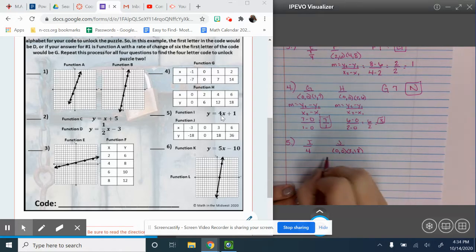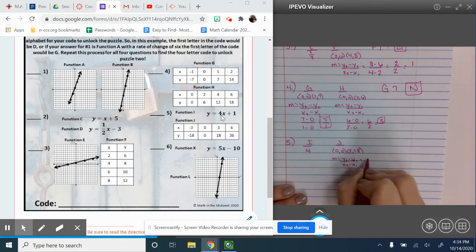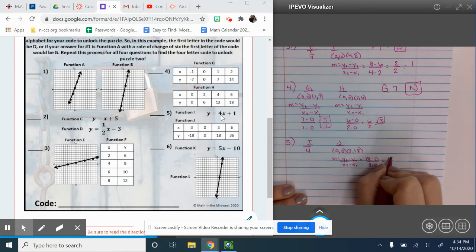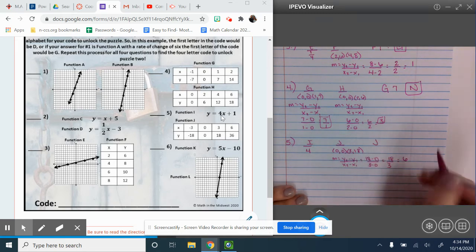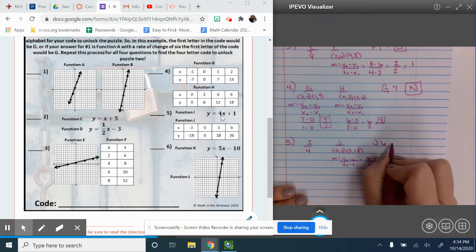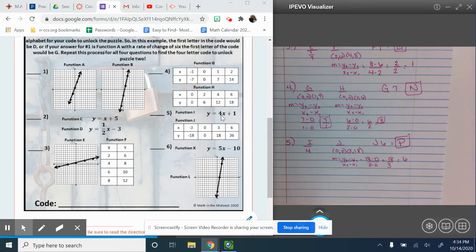So the first thing that I will do is write my formula, y2 minus y1 over x2 minus x1. 18 minus 0 over 3 minus 0 gives me 18 over 3. 18 over 3 is simply 6. So what's larger, 4 or 6? It is 6. So J is larger by 6. So 6 letters past J will take you to the letter P.